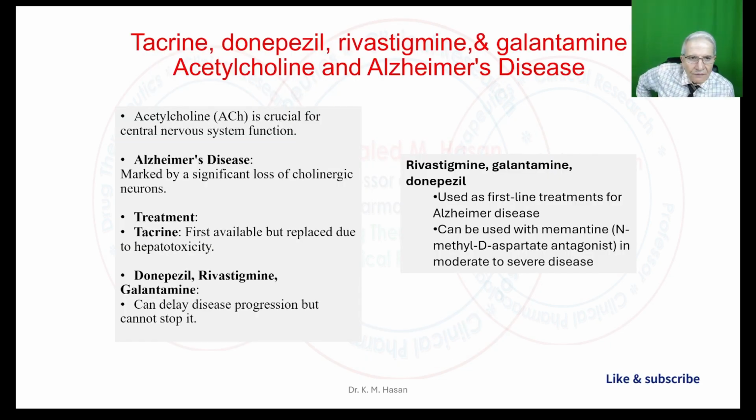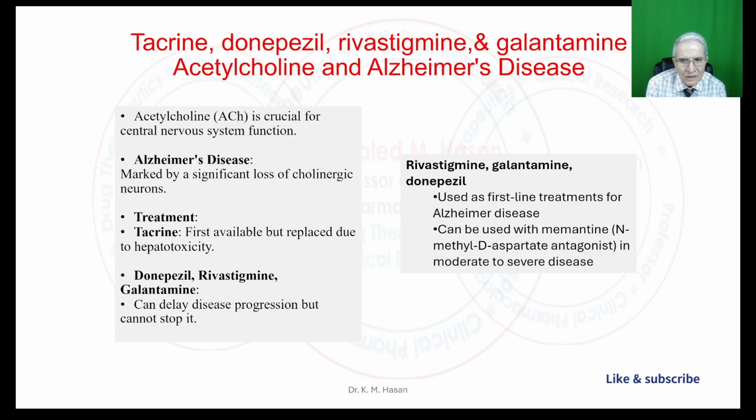Okay, so what we have so far here is another group of anticholinesterase inhibitor agents: tacrine, donepezil, rivastigmine, and galantamine, and these medications are used for Alzheimer disease. As you can see here, acetylcholine is very important for the function of the central nervous system.